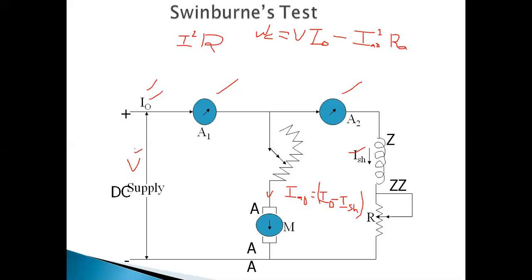Let capital I be the load current at which we have to calculate the efficiency of the machine.